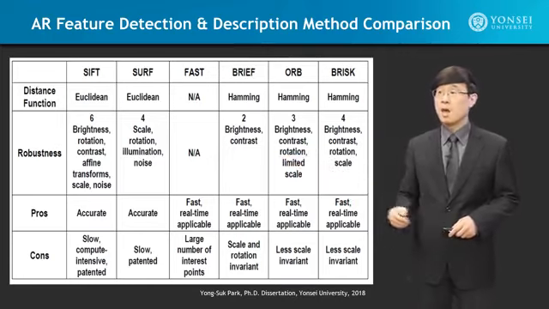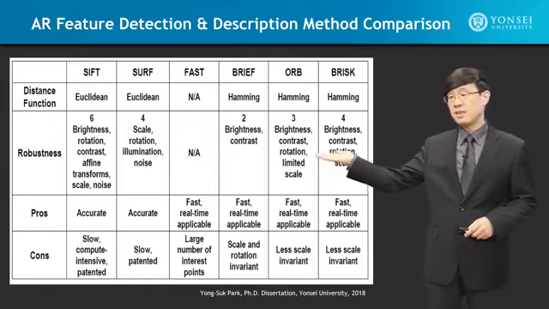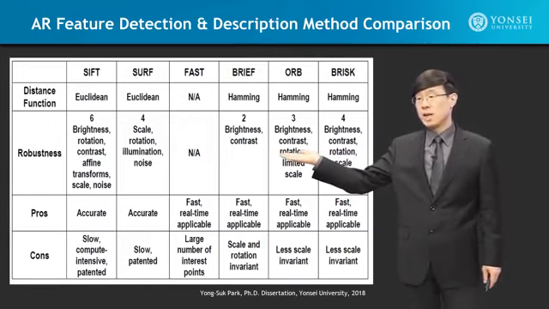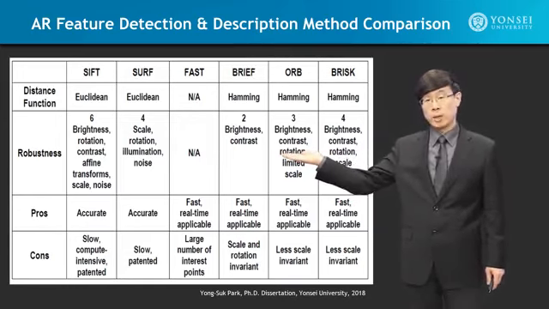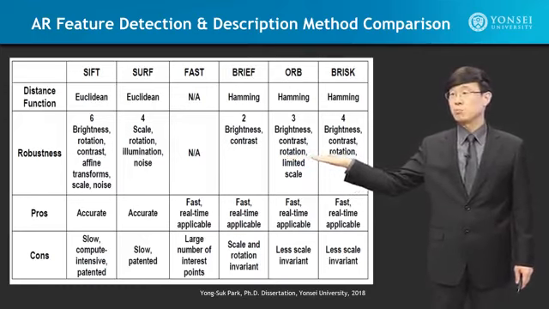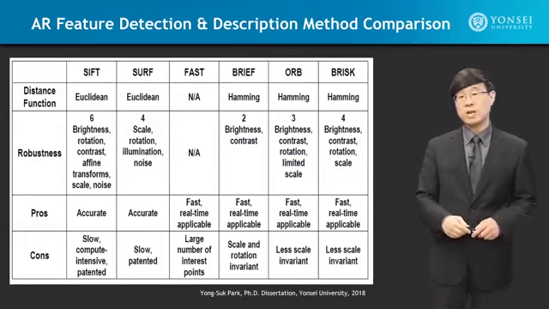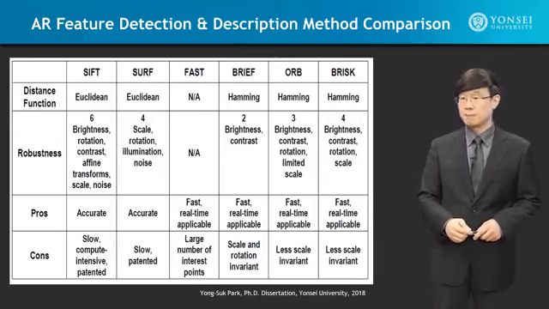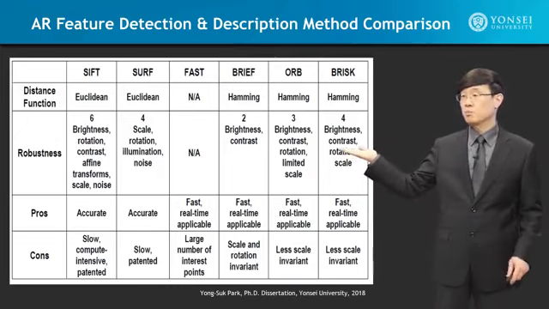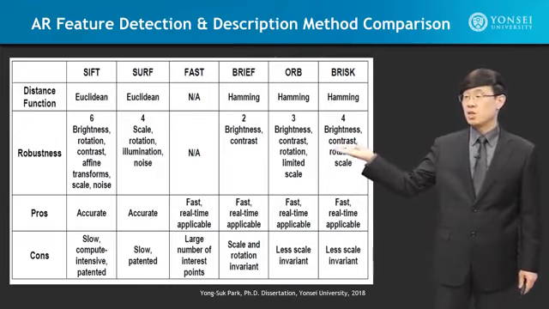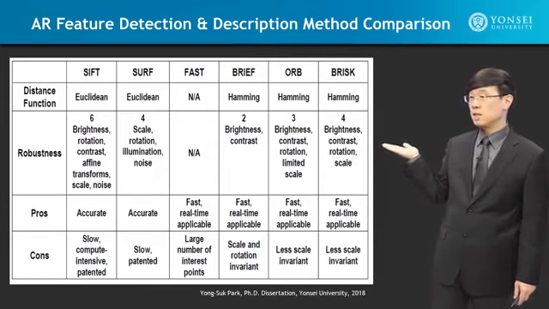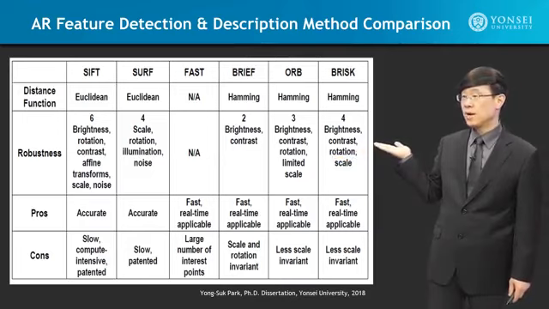Whereas when it comes to SURF, you'll see that there's robustness in scale, rotation, illumination, and noise. Then you come to BRIEF, you'll see for brightness and contrast, robustness does exist. Then for ORB, there is brightness, contrast, rotation, and limited scale. Then over here for BRISK, you see the 4 features, which are brightness, contrast, rotation, and scale.